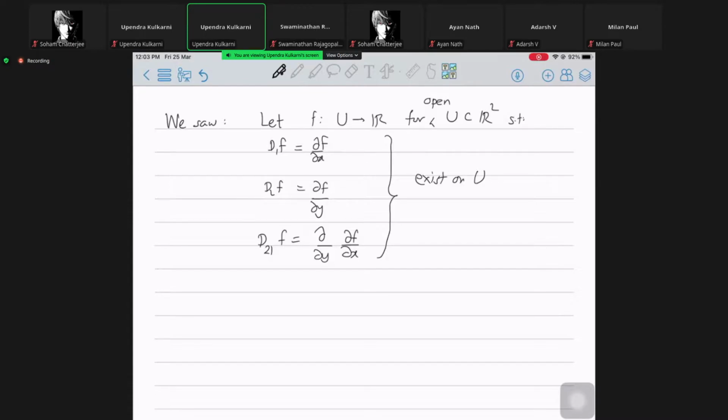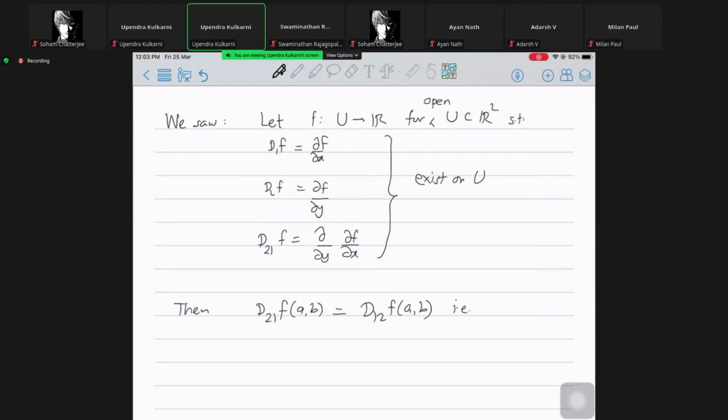And let us say then d21 of f at (a, b) is equal to d12 of f at (a, b).